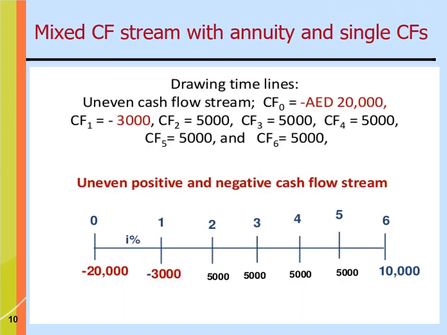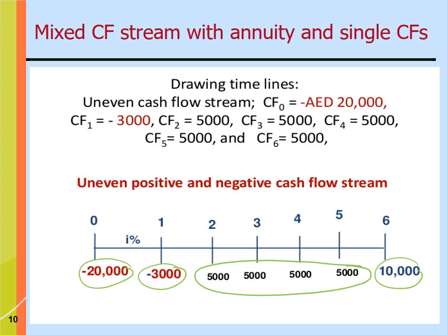And this is the example of a mixed cash flow stream that has a combination of an annuity here and single cash flows. These are all single cash flows. And the cash flow can also be positive or negative.